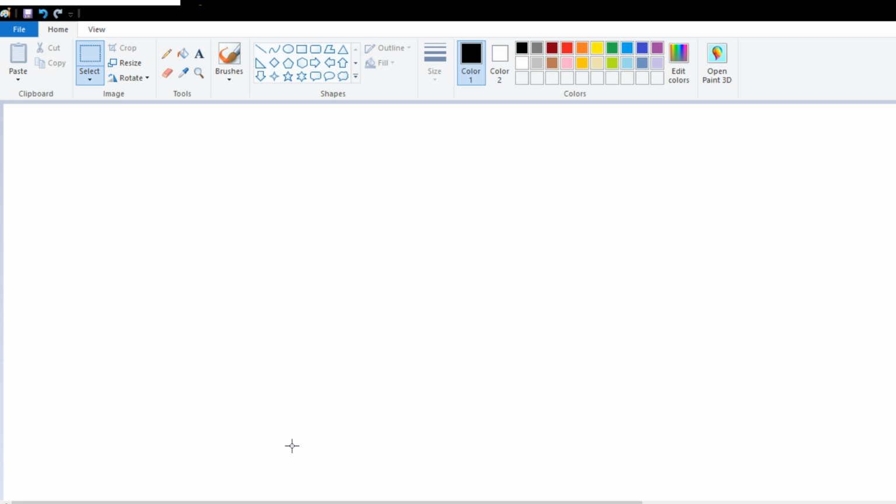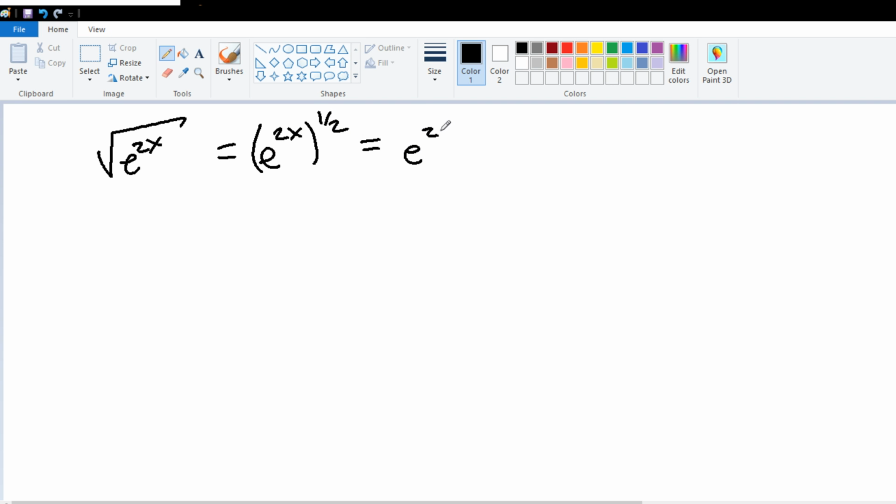Let's go in one more derivative, and then we have something else. So we have the derivative of the square root of e to the 2x. Okay, so this is e to the 2x to the 1/2, right? And taking something to an exponent and then raising it to an exponent, you can just multiply the exponents.